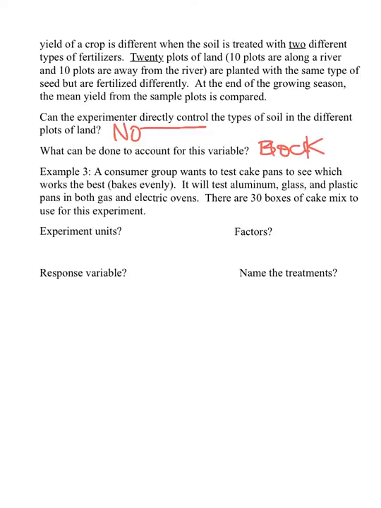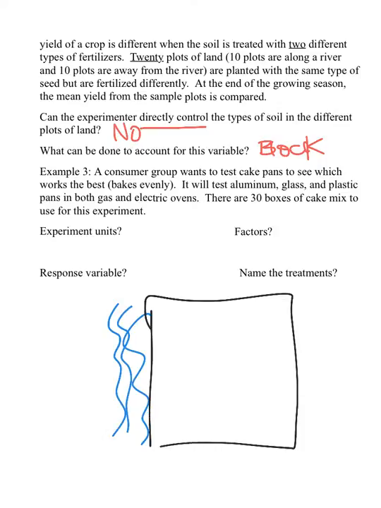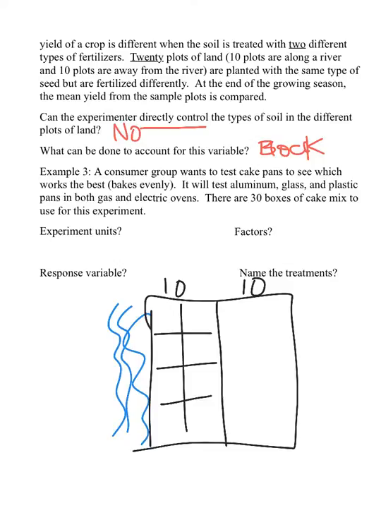Okay. So if we have a river and we have our land here, and let's say there are 10 plots here and 10 plots here, what I can do is I can do an experiment within each of the blocks. So if I have 10 here, I know that's not 10, but pretend, I can just randomly pick a few of these, and these are going to get type 1 fertilizer.